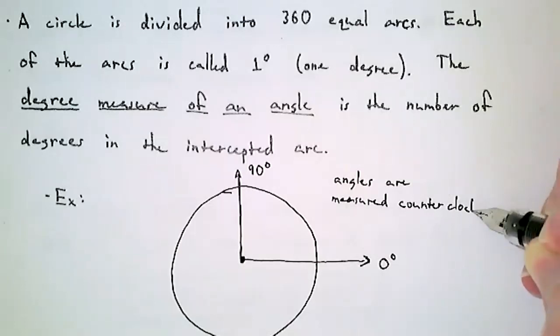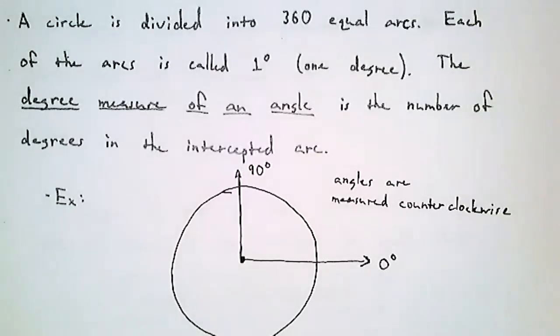So if you're anything like me, you're probably wondering why there are 360 degrees and why we measure angles counterclockwise. And well, I don't think there is a very good answer for that. This is kind of just the way mathematicians have been doing things, and people have been doing things for so long that we've forgotten why we do it.